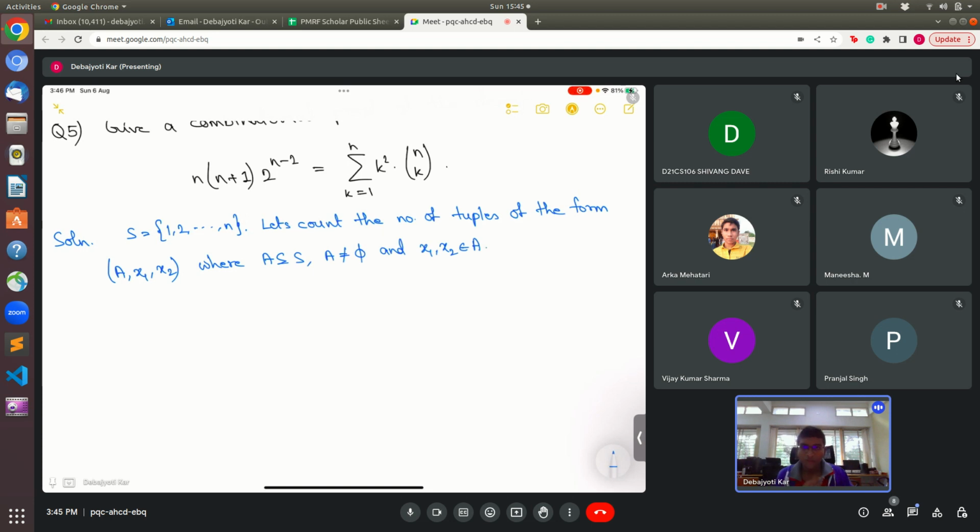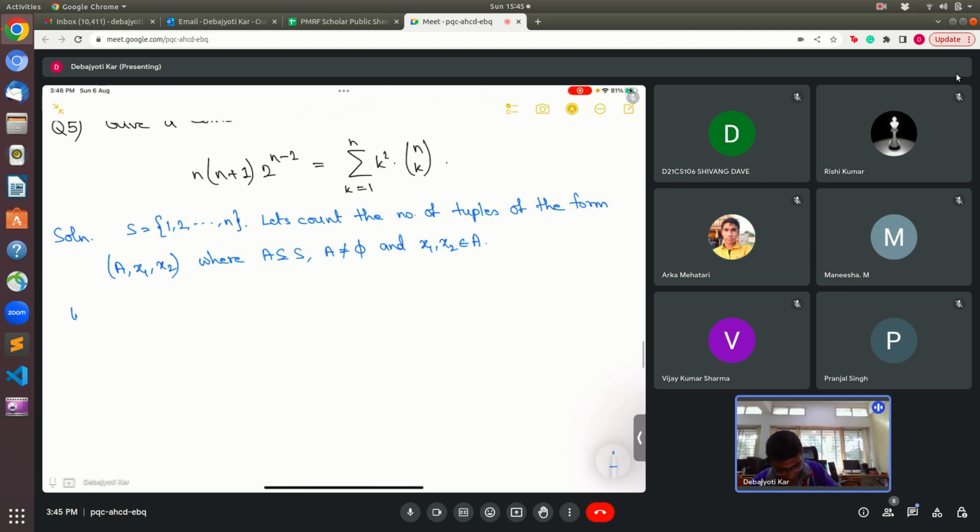Suppose we are interested in finding the number of tuples of this form, A comma x1 comma x2, where A is a non-empty subset of S, and these two elements x1 and x2 belong to A, chosen from A. If you look at it carefully, this is exactly what is there on the LHS. So let's count this. The first way to count this is, first you choose A.